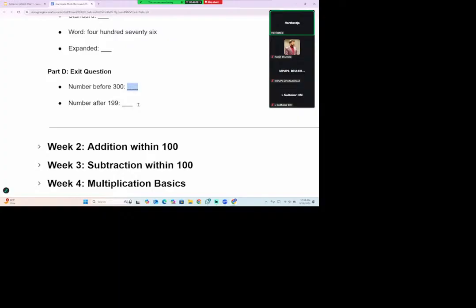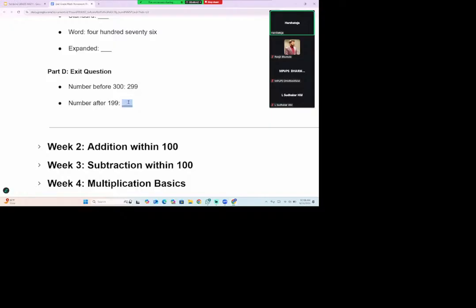And here's a question. We can do this. A number before 300, a number after 199. So any number less than 300. So if we have to look at place values, a number less than 3 in the hundreds place would be 2. So 2, and now we can choose any number here, it doesn't matter.